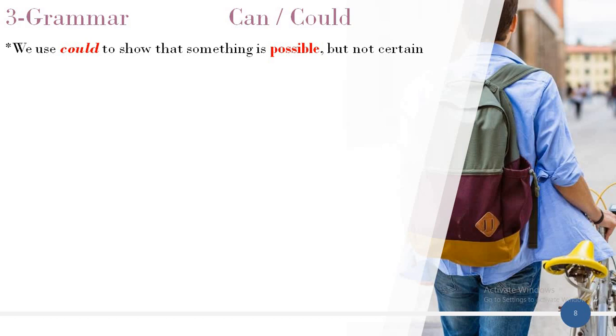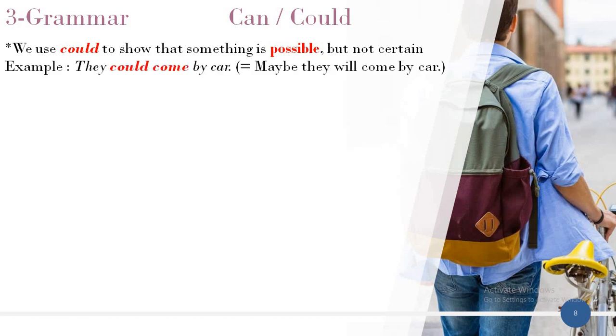For example, they could come by car, which means maybe they will come by car and they may not come. So it's about possible things, but not certain.